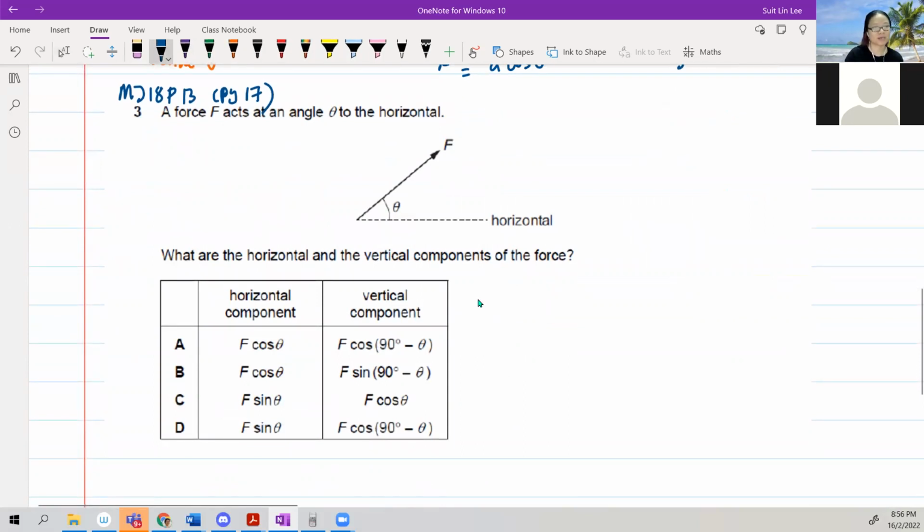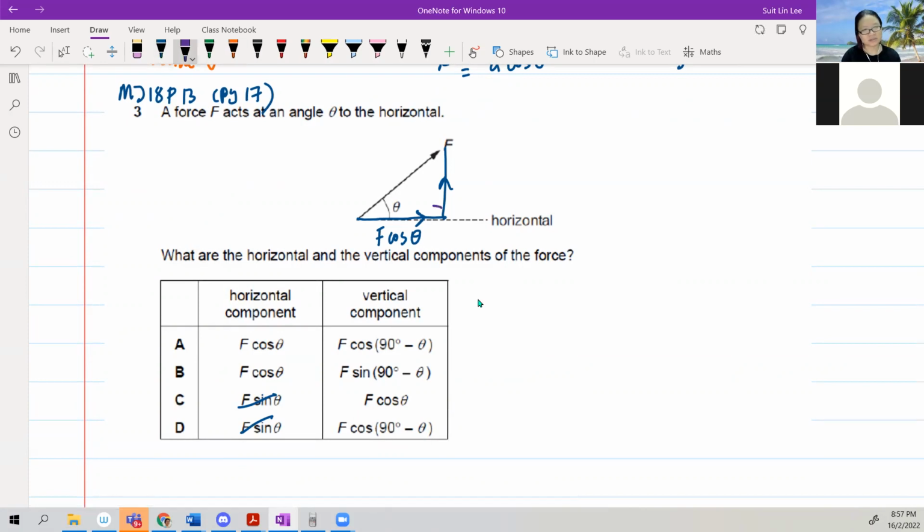So maybe you think, okay, this is moving to the right, so I definitely have a horizontal component moving to the right. And it's also going upwards, so I definitely have a vertical component moving upwards. So this horizontal component is right beside the angle theta. So this is F cos theta. This is out. And now you are left with either F cos theta or F sine 90 minus theta. Which angle is 90 minus theta?